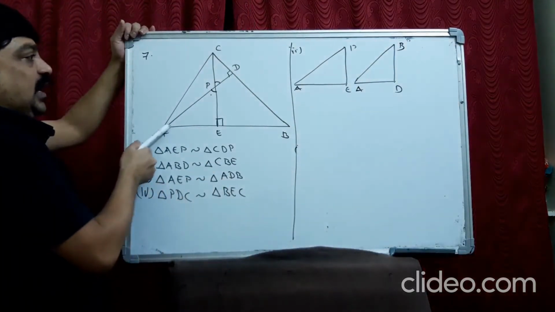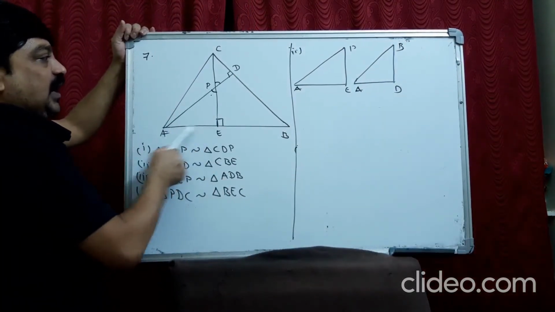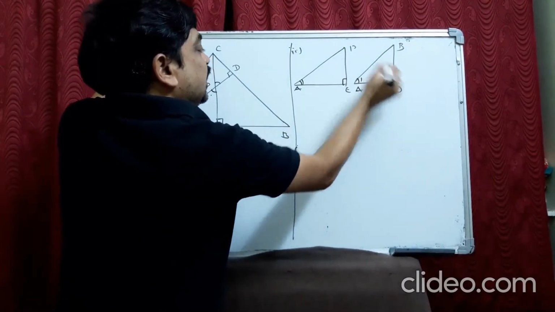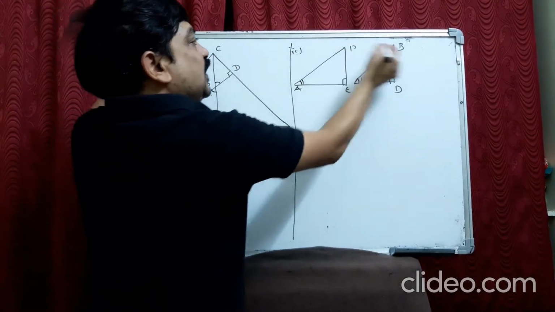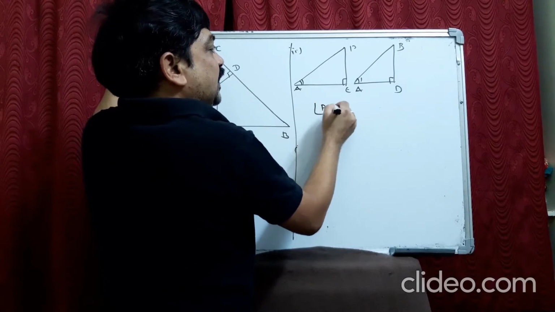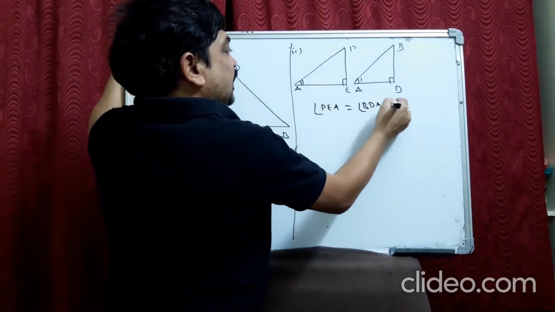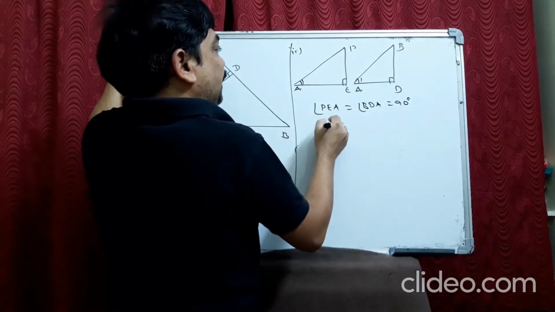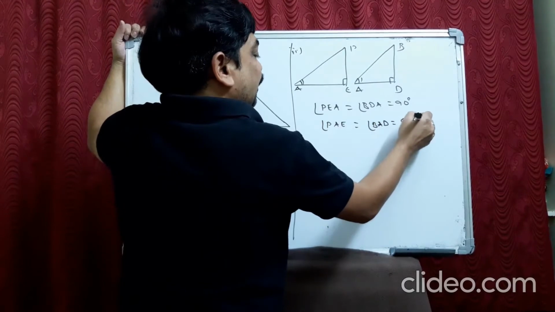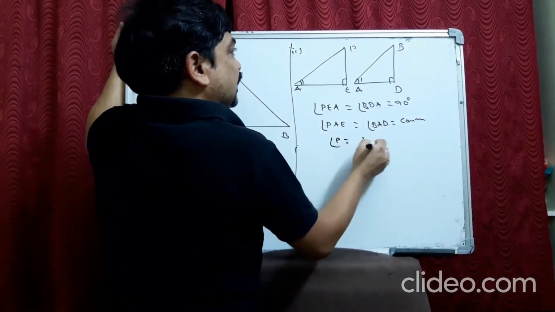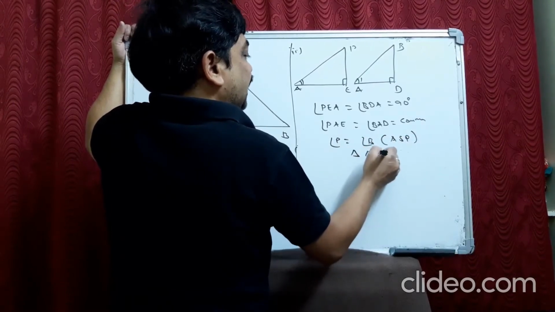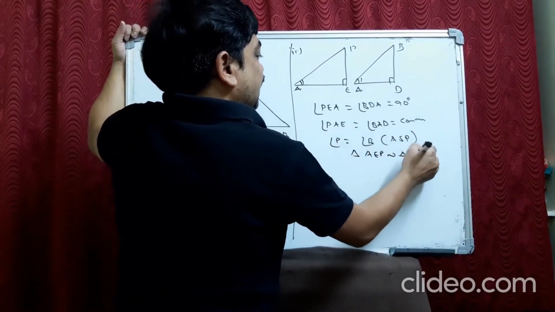If you see carefully, in AEP and ADB, angle A is the same in both, and this is 90. Obviously, the third angle will be the same from angle sum property. Therefore, we write: angle PEA is equal to angle BDA is equal to 90 degrees, and angle PAE is equal to angle BAD, a common angle. When two angles are equal, angle P is equal to angle B from angle sum property. Therefore, triangle AEP is similar to triangle ADB.